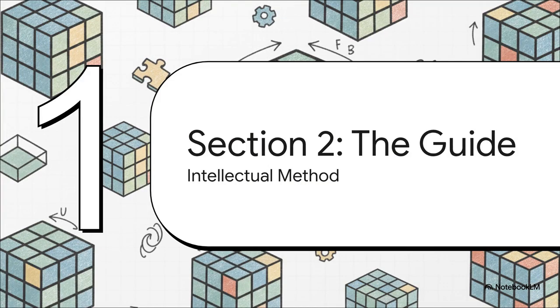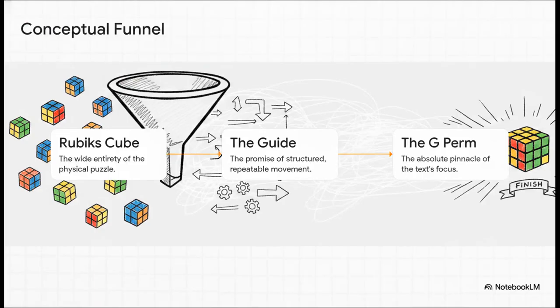Moving on to Section 2, the algorithmic guide. So now that we have our universe firmly defined by the cube itself, how exactly do we navigate it? Well, we have to shift our mindset from the physical object to the intellectual method. The really crucial point here is how this text guides our focus. You can kind of think of it as a conceptual funnel for your brain. In Step 1, we start incredibly wide with the entirety of the Rubik's Cube.